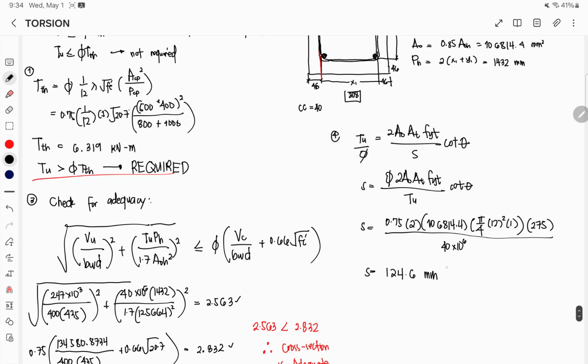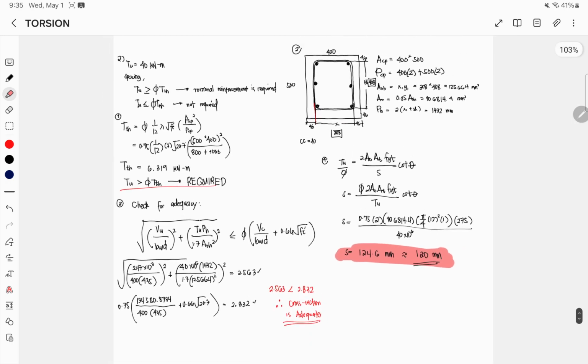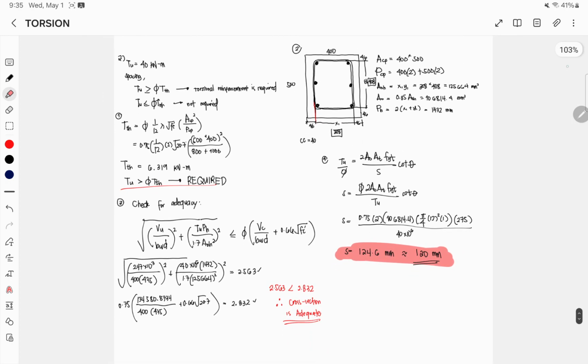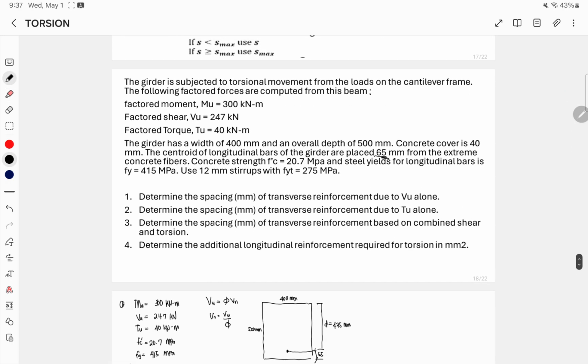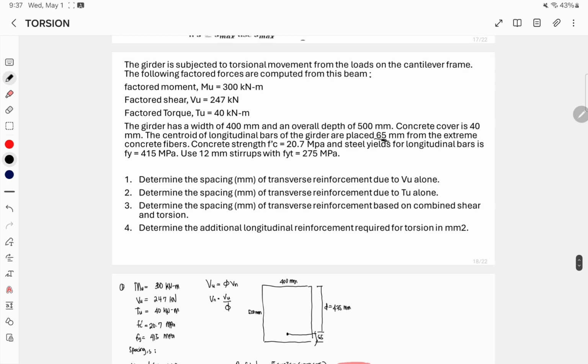Or say 125 mm. I mean 120 mm. So yan na yung sagot for the number 2. For the last item, we have, ay hindi pa pala last. Isa pa.